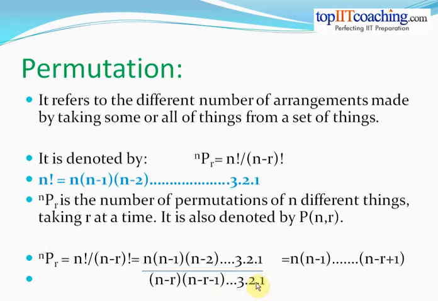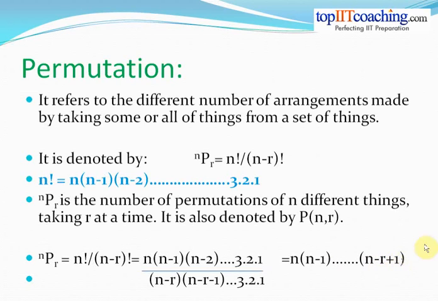So these terms from 3 to 1 up to (n minus r) get cancelled out, because these terms also appear in the numerator, because r is less than n. So it ultimately reduces to nPr equal to n into (n minus 1) up to (n minus r plus 1).